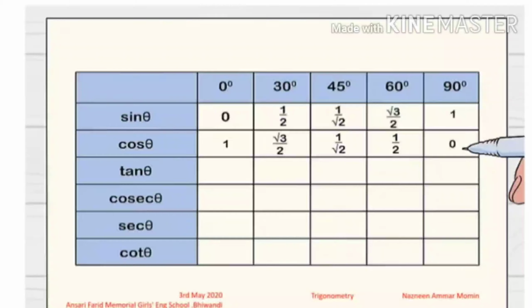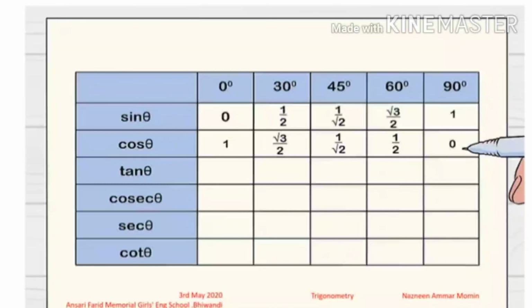Here 1 upon 2, root 3 upon 2, this 2 and this 2 will get cancelled and it will be considered as 1 upon root 3. Same way here both numbers are the same, so root 2 and root 2 will get cancelled and the answer will be 1 upon 1, that is 1. Here 2 with 2 will get cancelled, root 3 upon 1, that is root 3.